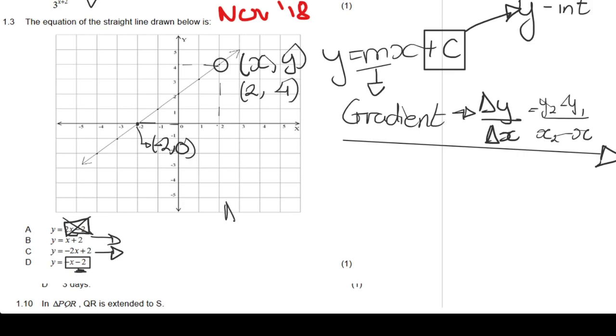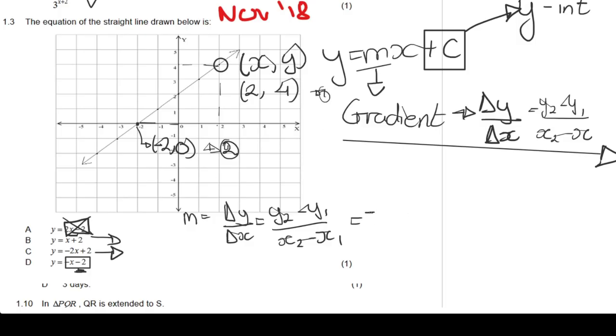So let's see. M is equal to delta y over delta x, which is equal to y2 minus y1 over x2 minus x1. Let's make this our second value, and this here our first value, right? So minus 2 minus 2.